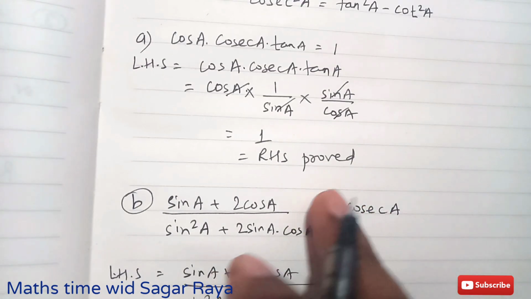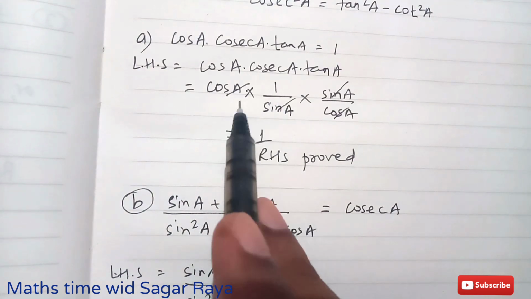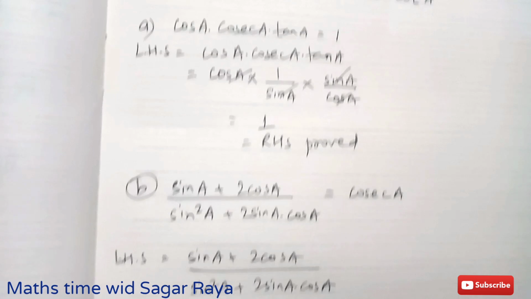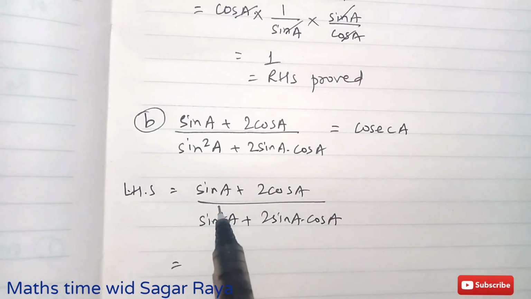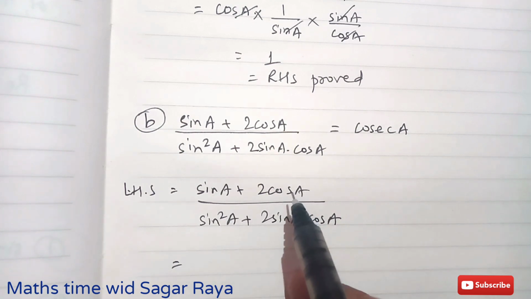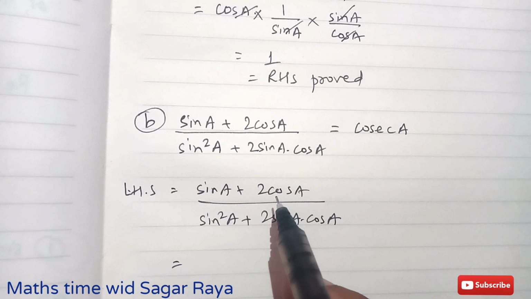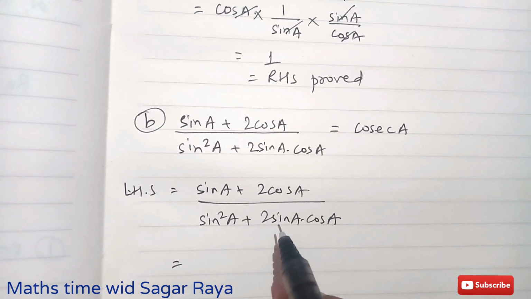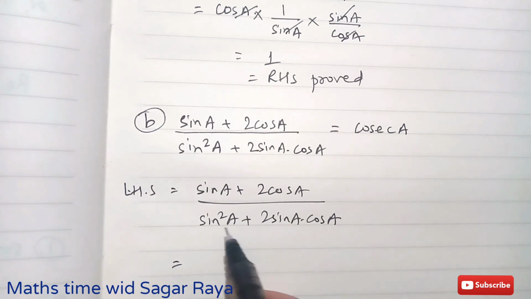In the previous question we changed every identity in terms of either cos A or sin A, but here the question is already in sin A and cos A, so you have to use your mind and be creative. You cannot change the numerator, but in the denominator you can see there is sin square A and also sin A, so just take sin A common.